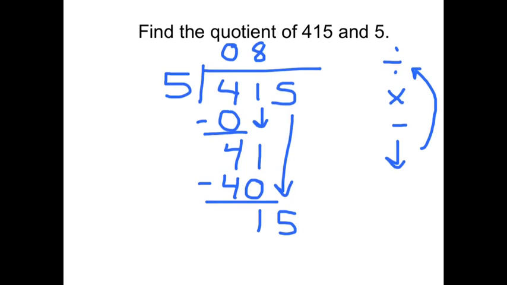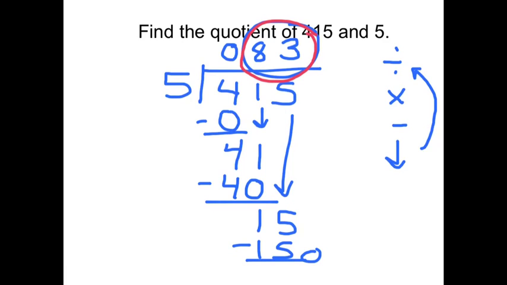That's 3 times. 3 times the 5 is 15. Subtract, and we see that we have nothing left over. So the final answer is 83. 5 goes into 415 83 times.